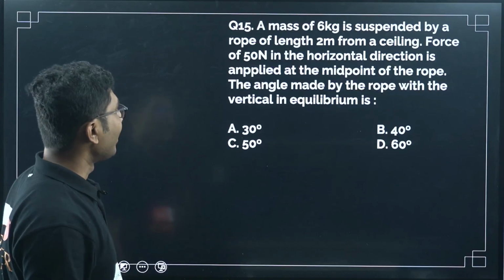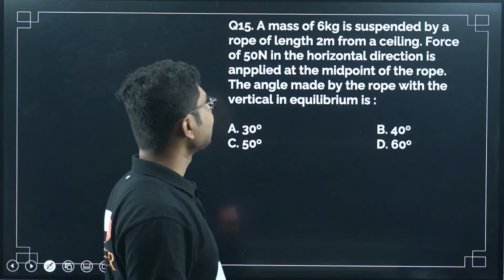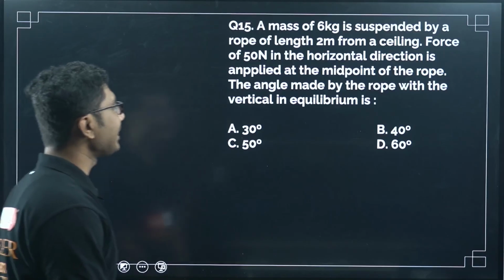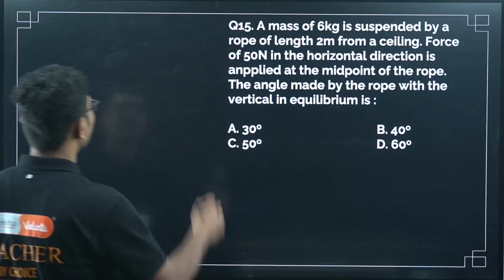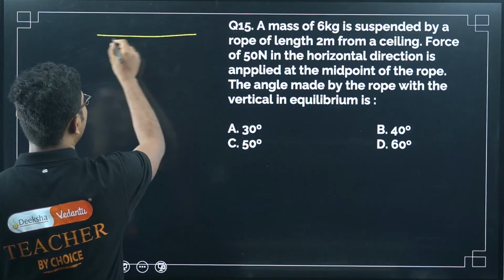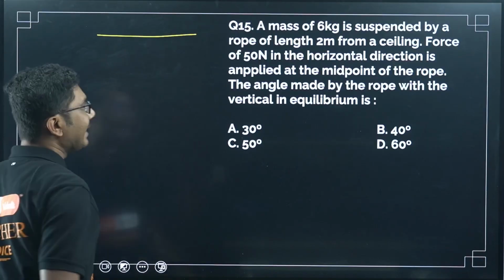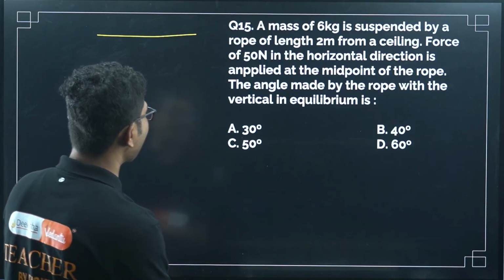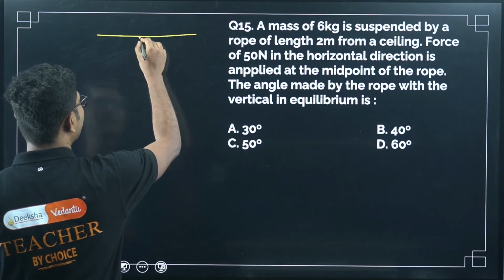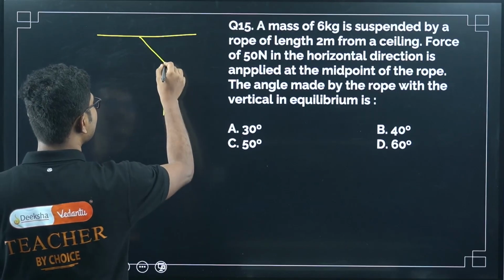Right, now the last question. A mass of 6 kg is suspended by a rope of length 2 meters from a ceiling. I solved this problem during my class. A force of 50 Newton in the horizontal direction is applied from the midpoint. So the diagram would be like this.